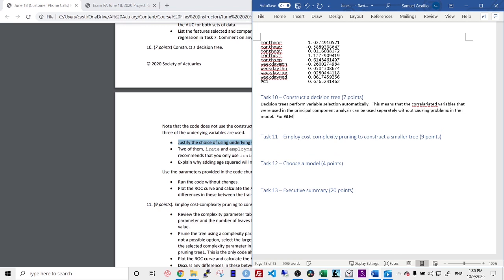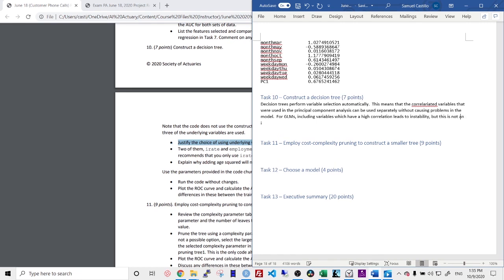For GLMs, including variables which have a high correlation leads to instability. But this is not an issue for tree-based models. So using these variables also has the benefit of making the tree easier to interpret.